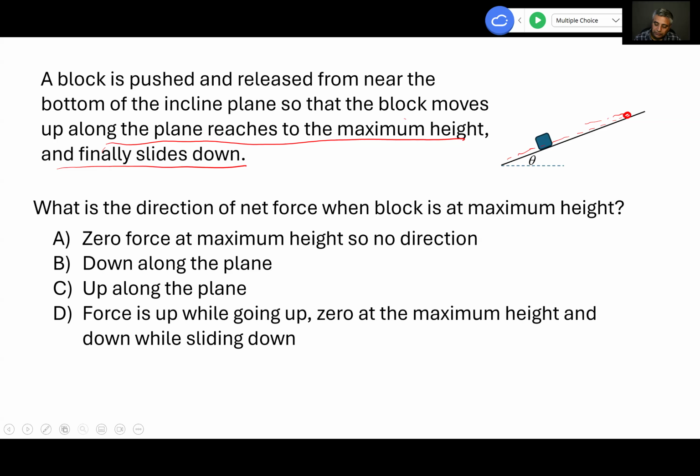So I am opening the poll and you have a minute to answer this question. Thirty more seconds.